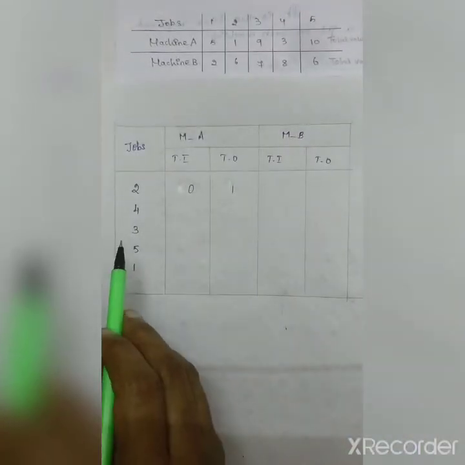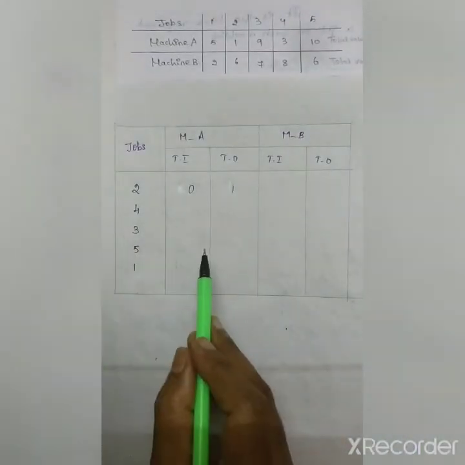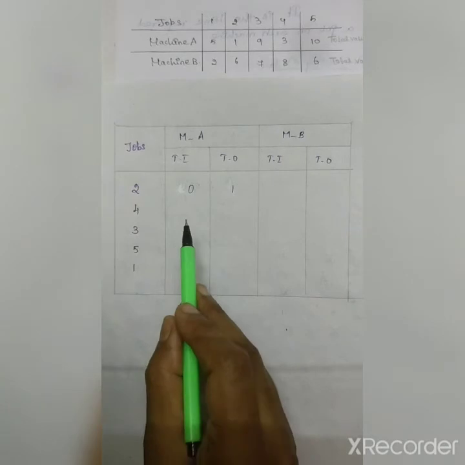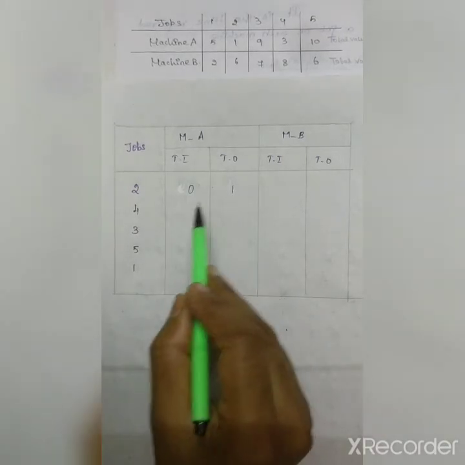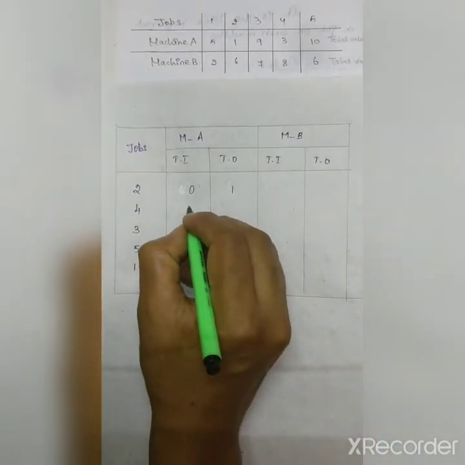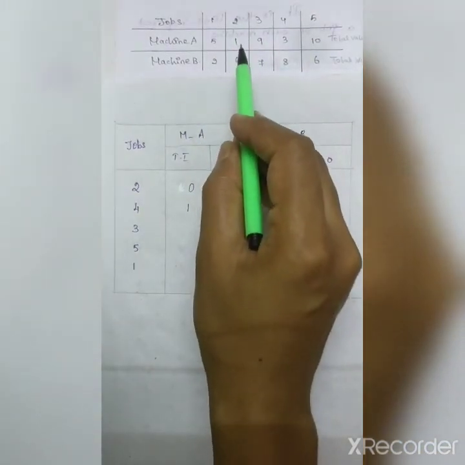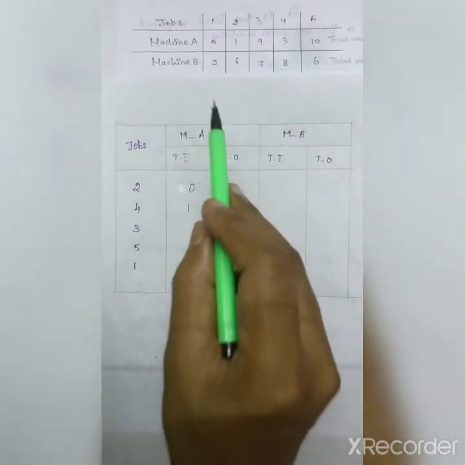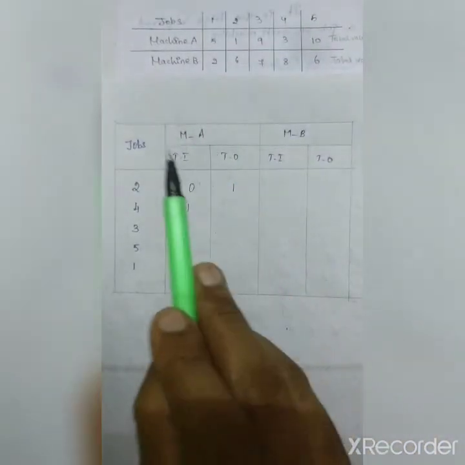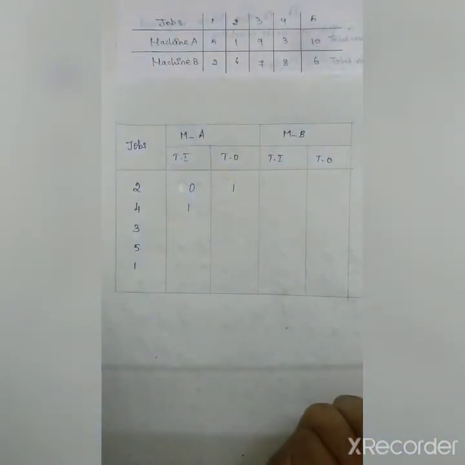Next we come to the fourth job. Its time in is the previous time out, because in machine A the second job takes 1 hour, and only after finishing it can the next job come on the same machine.